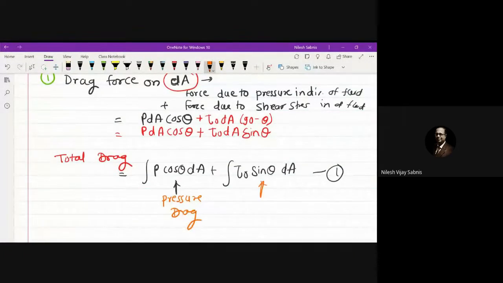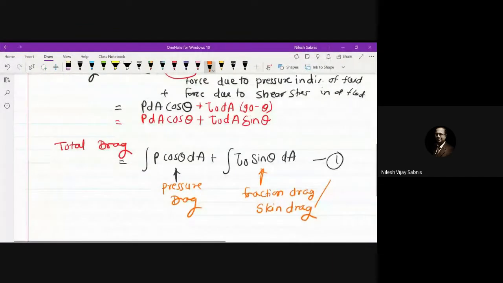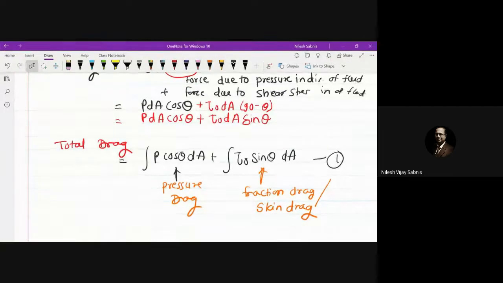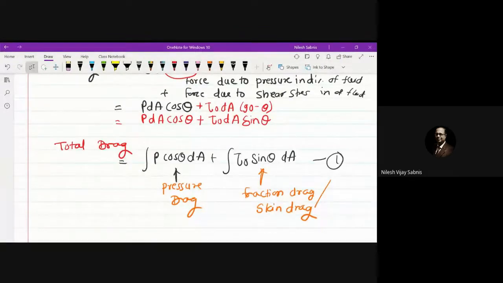And this is known as friction drag, or skin drag. Remember these words. Friction drag means what? And skin drag means what? Are these two things clear?